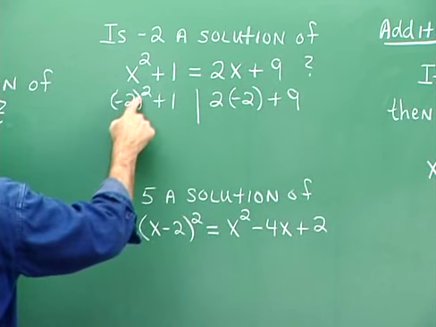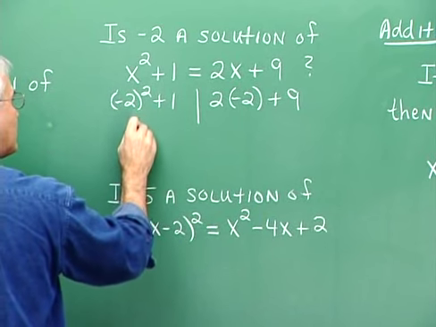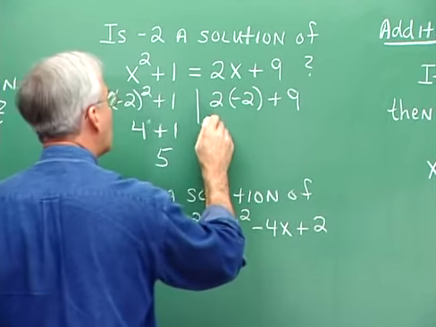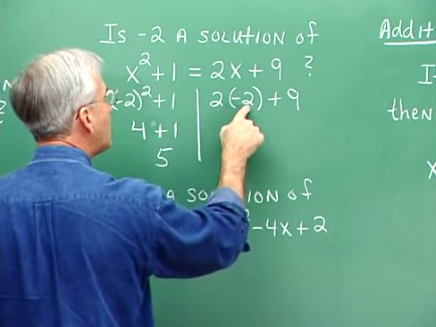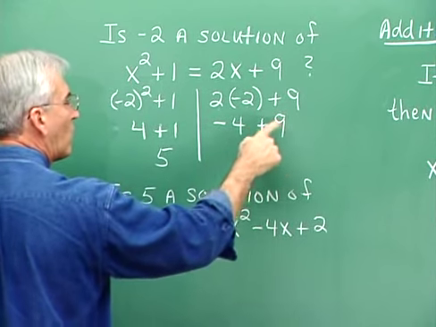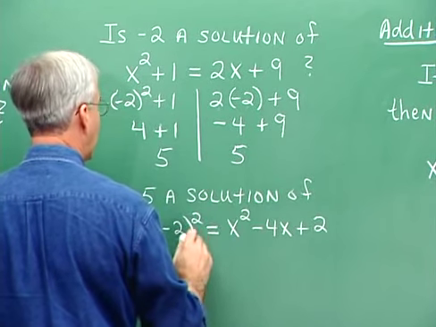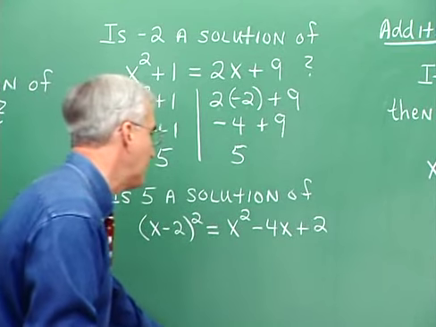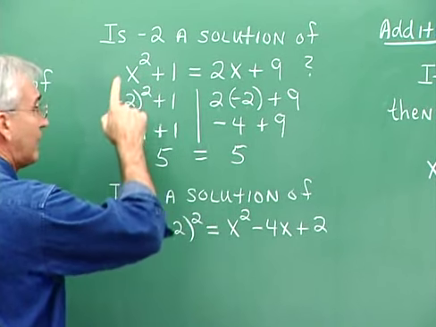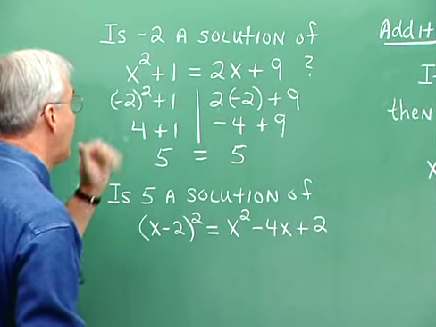And over here, squaring negative 2, that's negative 2 times negative 2, which is 4. 4 plus 1, oh, that's 5. Now, back over here, we have 2 times negative 2 is negative 4, plus 9. Negative 4 with 9, oh, that's 5. And 5 is equal to 5, and therefore, negative 2 is indeed a solution of that equation.